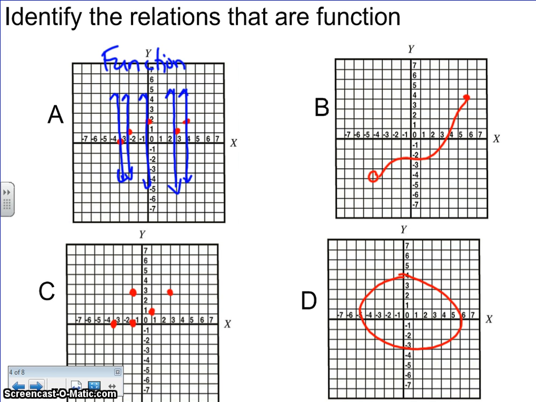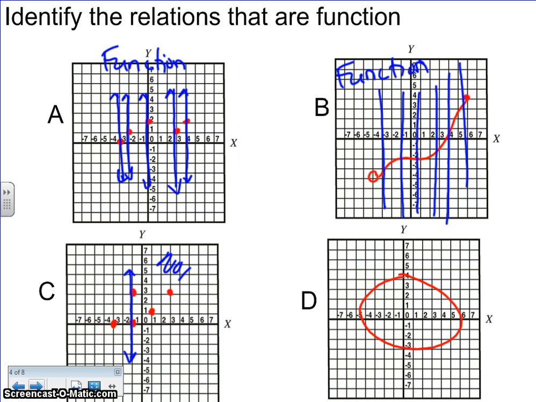The same thing is true for this curve over here in B. I can draw as many vertical lines as I want to, but I'll never hit that red curve more than once. So this too is a function. If we take a look at this one on the bottom left, I've got a problem. If I draw a vertical line right there, I hit it twice.